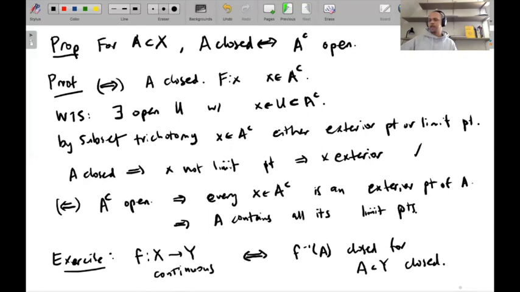Remember, we define continuity as the pre-image of an open set being open, but using this proposition, you can show that this is equivalent to the pre-image of a closed set being closed.